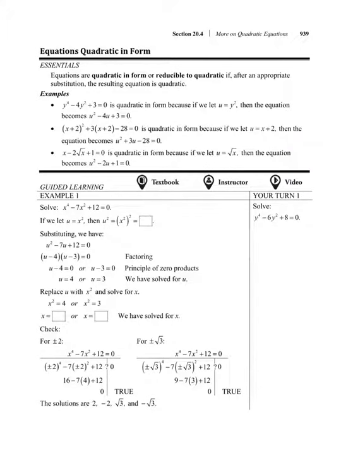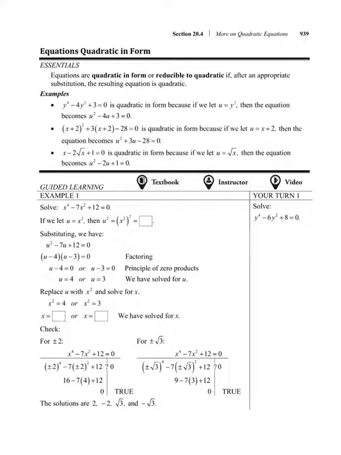Equations in quadratic form. Equations are quadratic in form or reducible to quadratic if, after an appropriate substitution, the resulting equation is quadratic. So, for example, y to the fourth minus 4y squared plus 3 equals 0 is quadratic in form because if we let u equals y squared, then the equation becomes u squared minus 4u plus 3 equals 0.